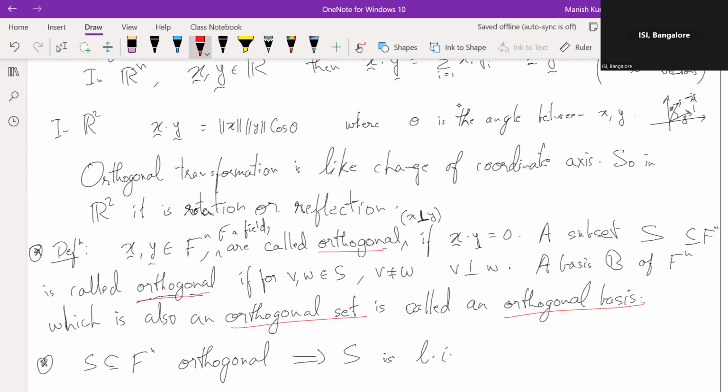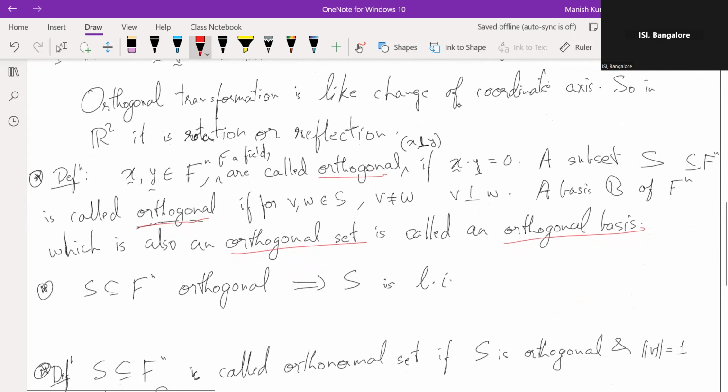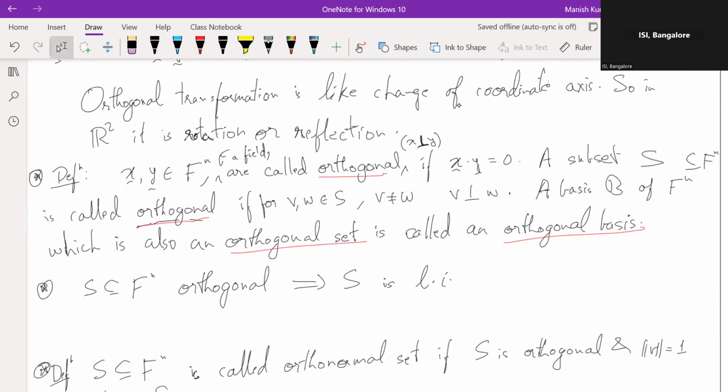The first observation is that if you take an orthogonal set S, then it's automatically linearly independent.